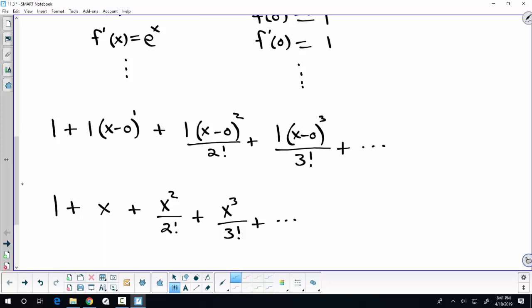Now we want to write that as a sum. So what is that sum? What's the pattern here? Yeah, x to the k over k factorial. k starts at 0 to get that 1 as the first term.